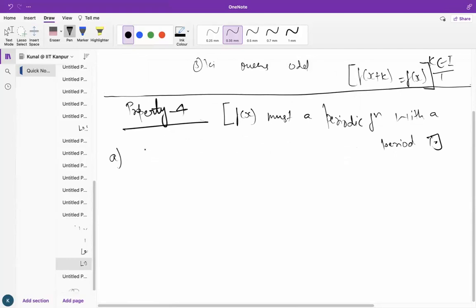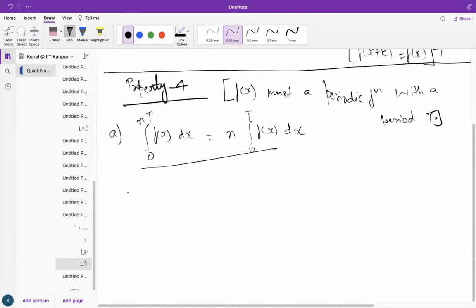And what's our first formula? When we are integrating from 0 to nT of f(x) dx, we get n times the integral over just one period. We saw the proof of this in the previous class. Now the second property is the integral from mT to nT of f(x) dx, which is equal to (n minus m) times the integral from 0 to T of f(x) dx.